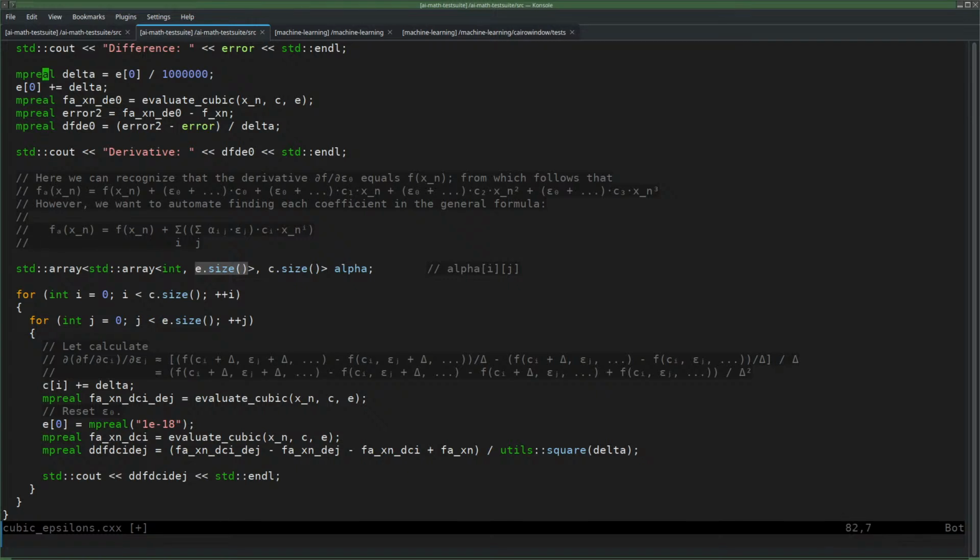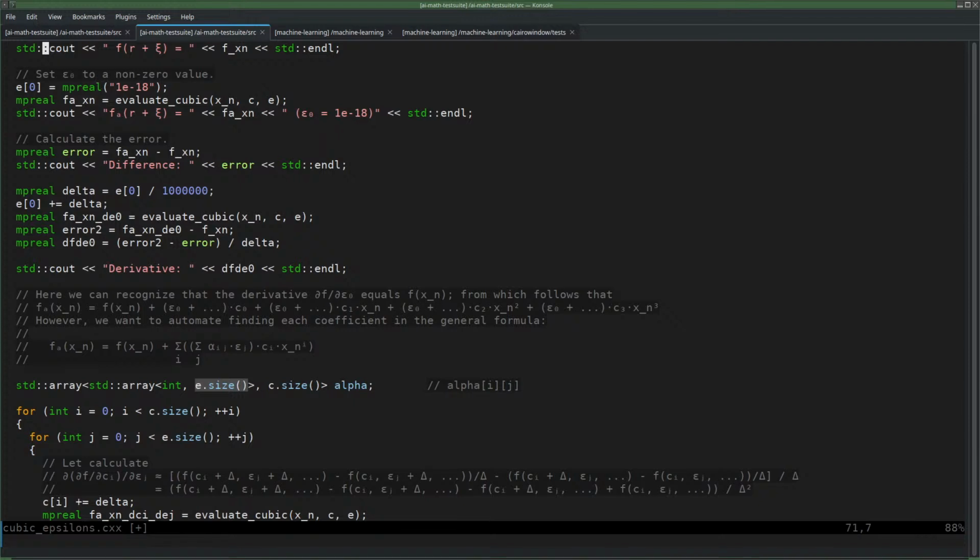I use this one and this one, so that's not going to work. Let's recalculate them.